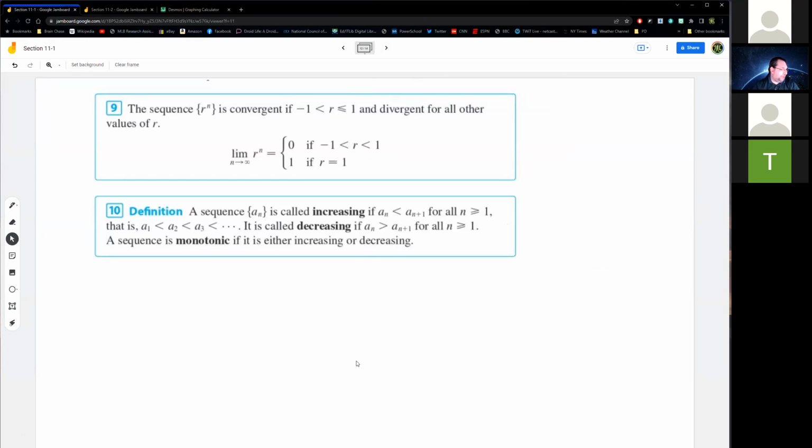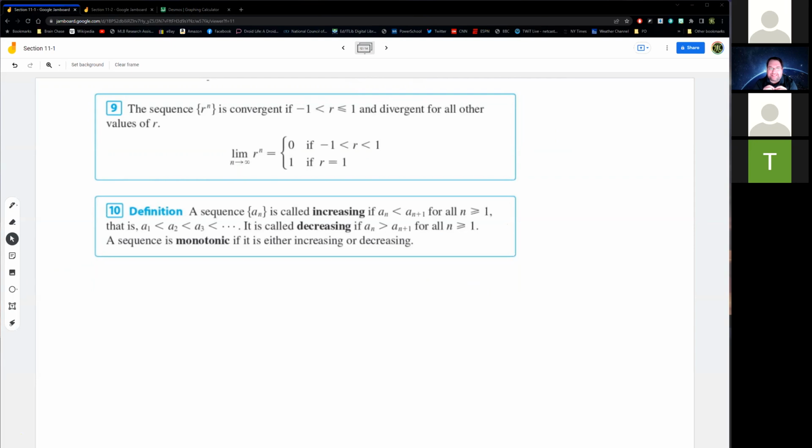Couple little things before we move on out of these. R to the n power. If you look at R to the n, that is most typically a geometric sequence. It's going to be some value raised to a power, an exponential function, which is going to be our geometric series when we look at it in a little bit.